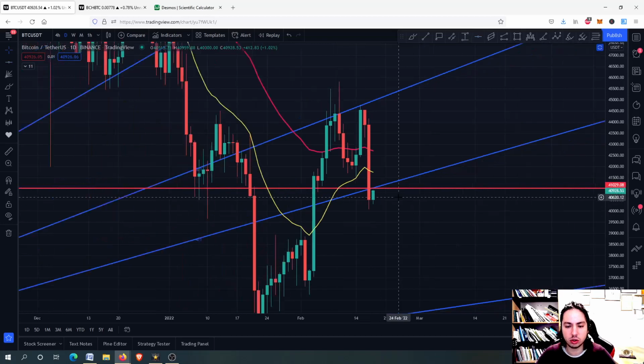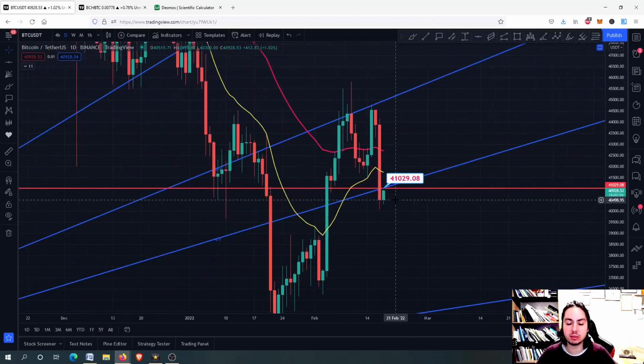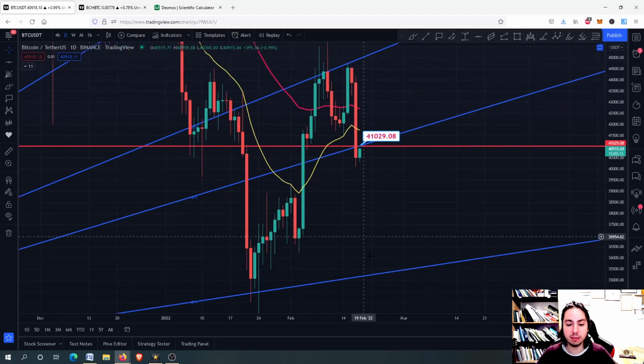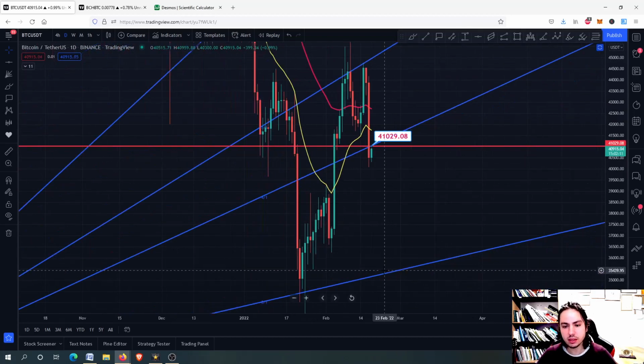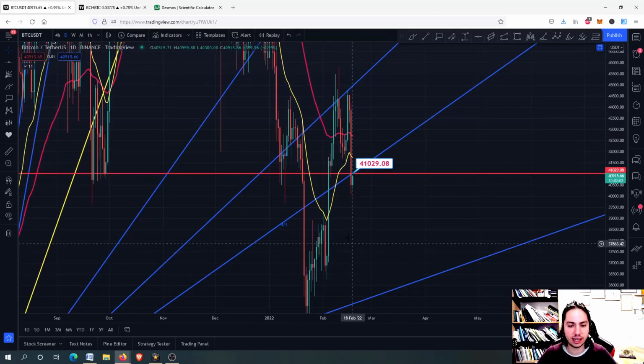So let's say that today we find resistance and we cannot go higher than this line right here. Then we are possibly going to expect another correction towards the more downside levels. Unfortunately, this would be the 35,000 USD and so on, the last 8-1 support Gann fan line.